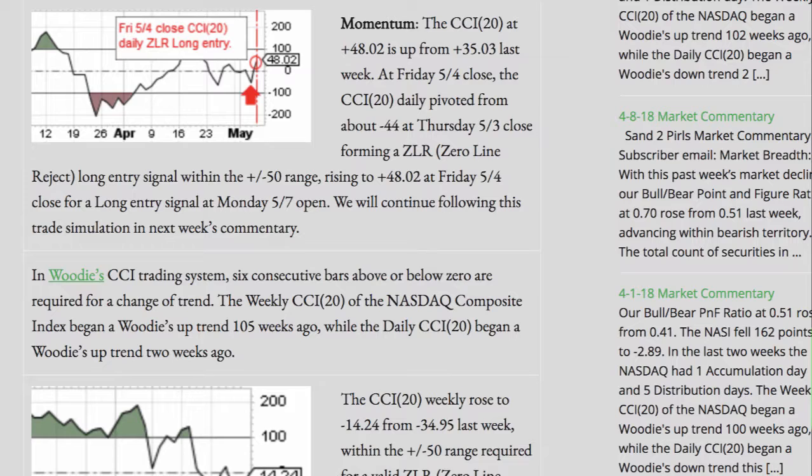At Friday 5/4 close, the CCI 20 daily pivoted from about a negative 44 at Thursday 5/3 close, forming a zero line reject long entry signal within the plus or minus 50 range, rising to a positive 48.02 at Friday 5/4 close for a long entry signal at Monday 5/7 open. We will continue following this trade simulation in next week's commentary.